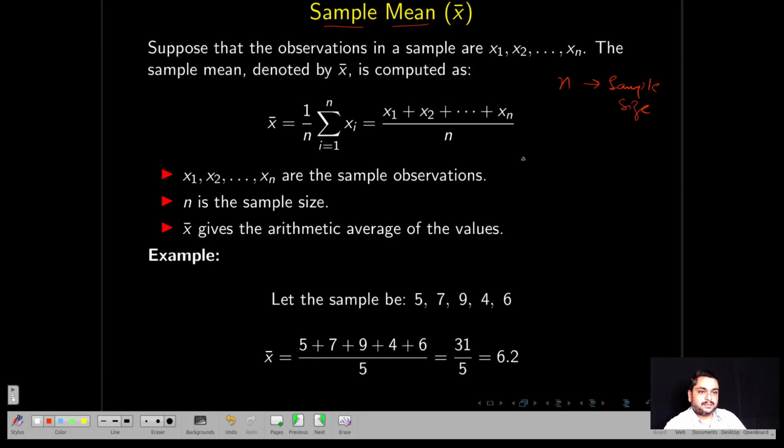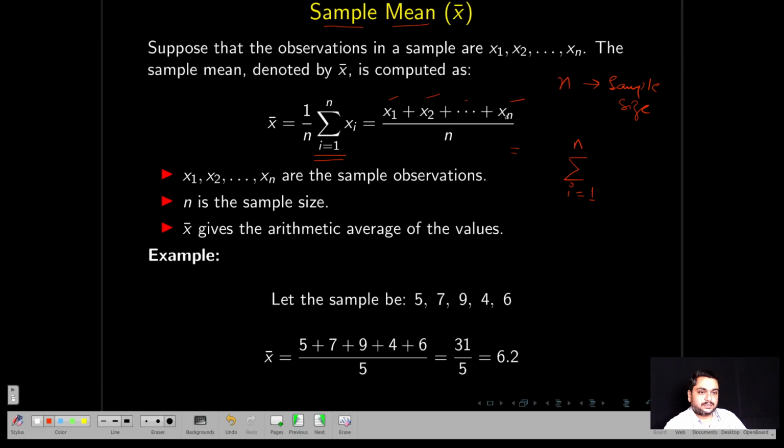Then the sample mean is computed as the sum of all the items divided by the number of items, that is the sample size. So x1 plus x2 plus x3 up to xn divided by the total number of items will give you the sample mean. How will you write this mathematically? Summation means sum of all, starting from i equal to 1 to n.